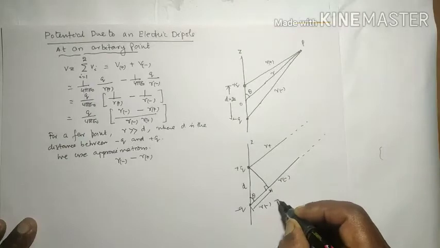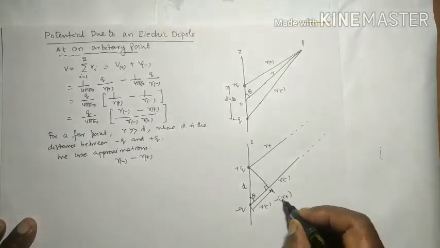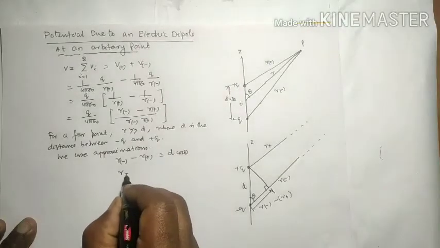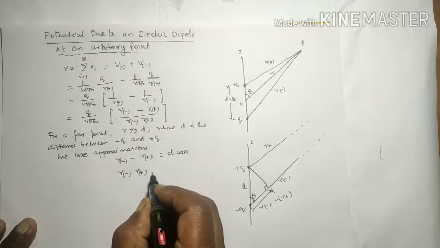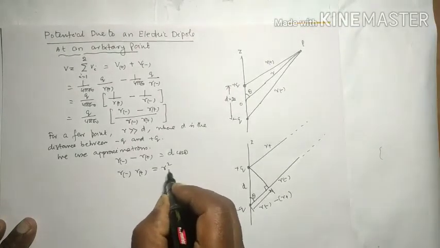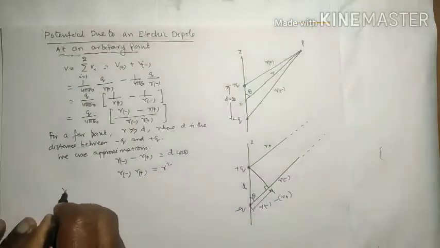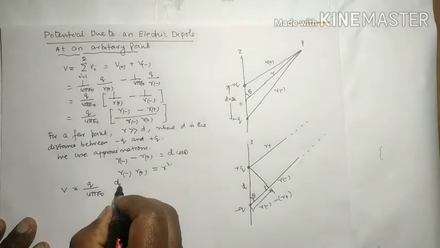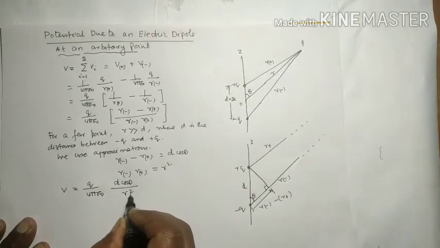So r minus minus r plus is d cos theta, and r minus into r plus is equal to r square.